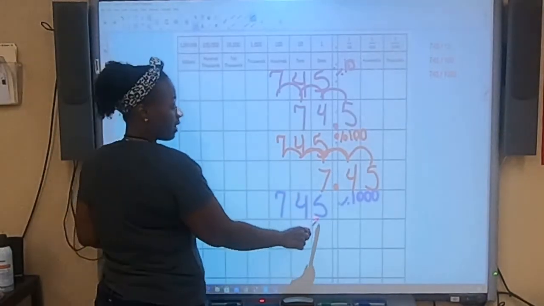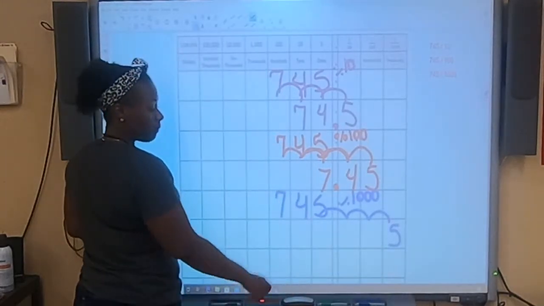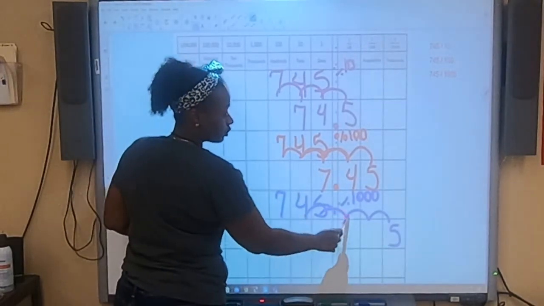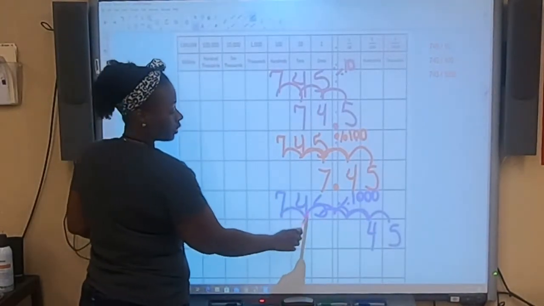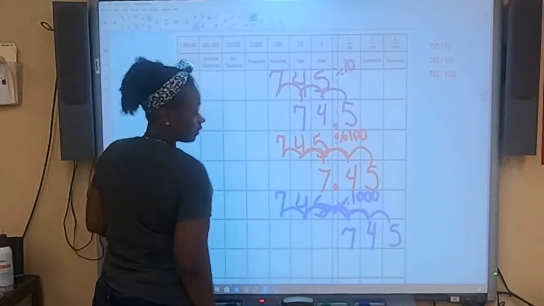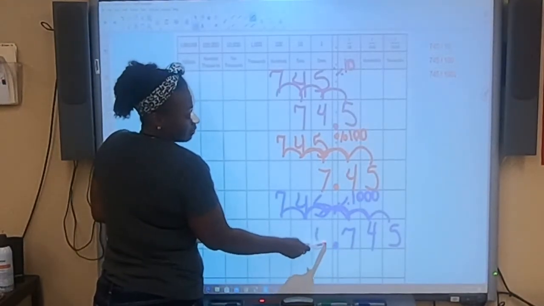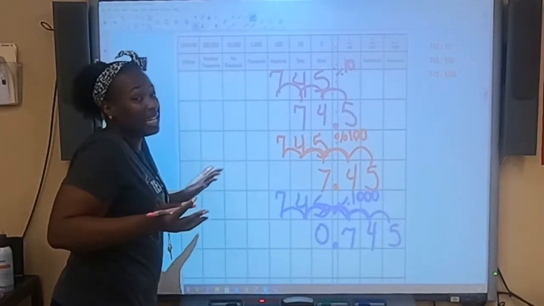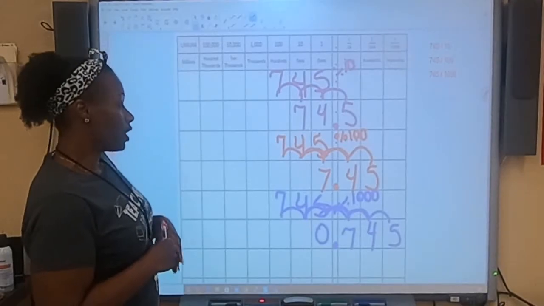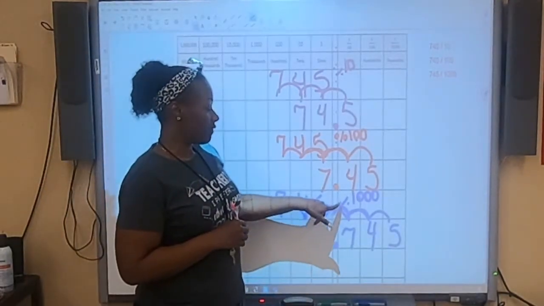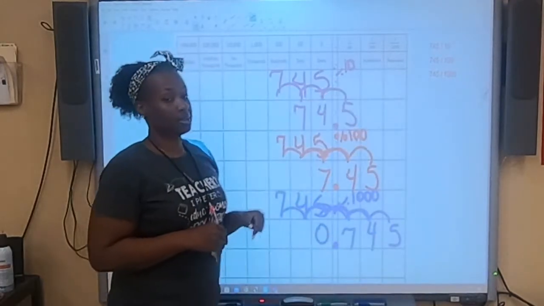So I'm going to take my 5 and shift it 1, 2, 3 and set it down. My 4 has to shift 1, 2, 3 and set it down. My 7 has to shift 1, 2, 3, set it down. I'm already at my decimal. We just like a 0 in the ones place. I don't need it, but I like it. So that gives me my answer. So we know that 745 divided by 1,000 gives us 745 thousandths.